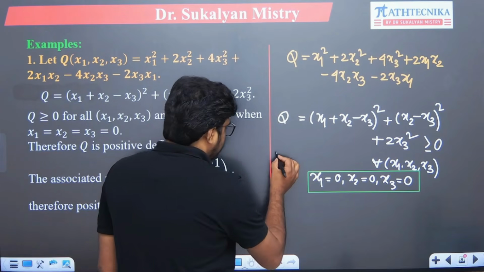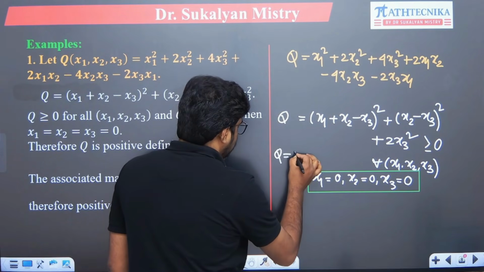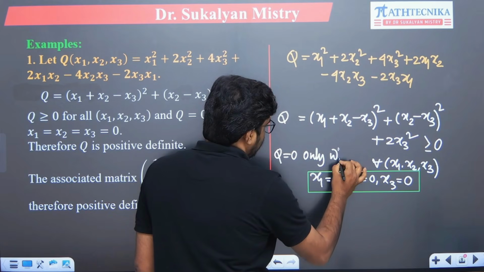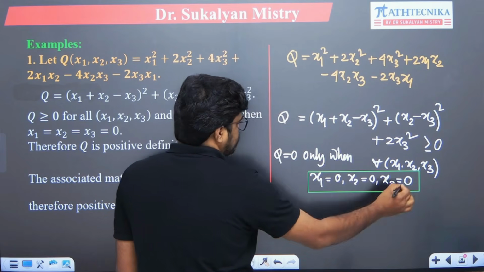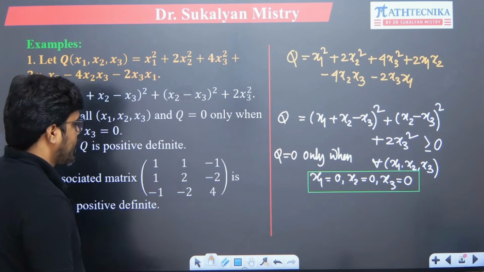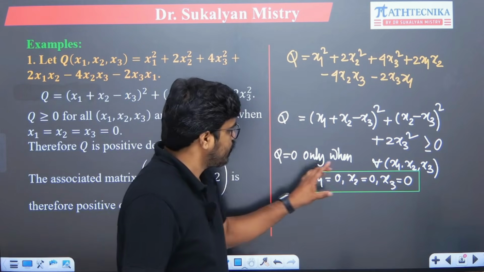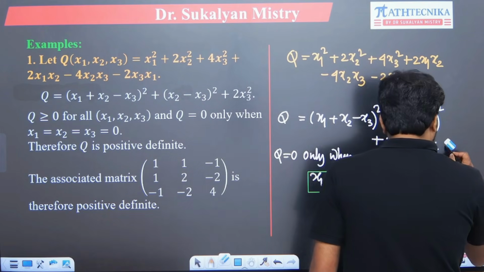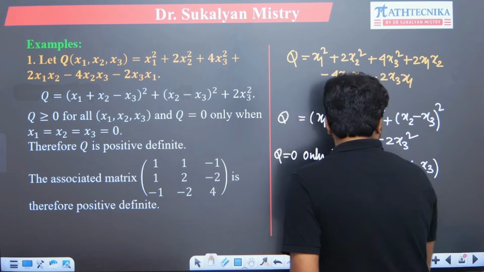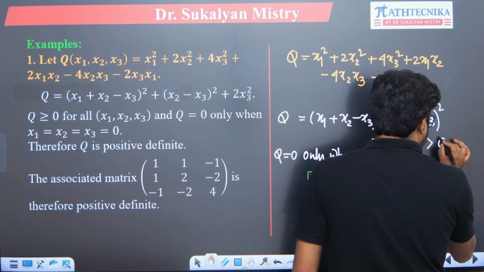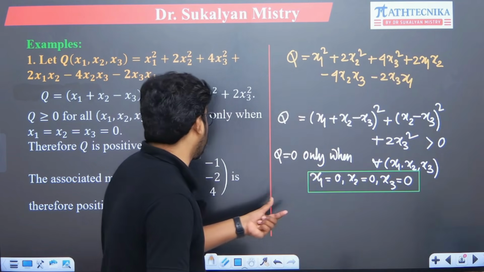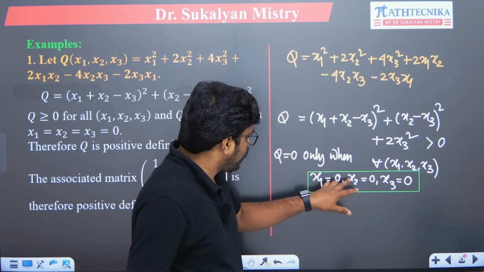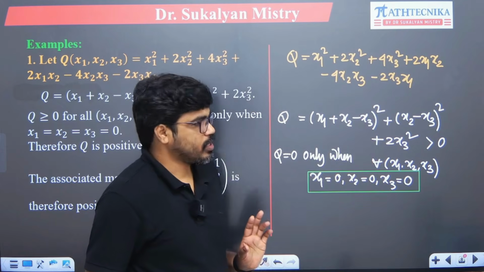That means Q is 0 only when this is 0, that is x1 is 0, x2 is 0, x3 is 0. Otherwise this is positive. Getting my point? This is strictly greater than 0, and this will be 0 if x1, x2, x3 are 0. See this.